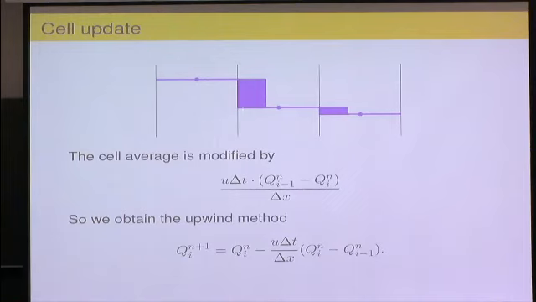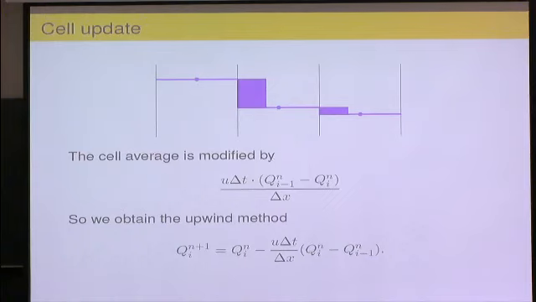And if you look at what happens in a single grid cell, the cell average is updated by the jump that's moving in from the edge, which we can view as the wave here, multiplied by the distance it's going, which is the velocity u times delta t. So it's that velocity times the jump, or the wave strength, divided by the cell length in order to give the appropriate update to the cell average.